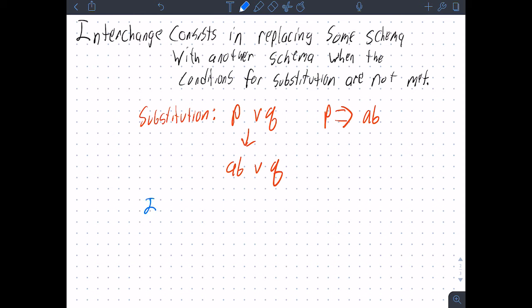So let's say we have the schema P or Q. Using interchange, we could turn this into if X, then Y, if and only if Z, right? And so substitution preserves validity and inconsistency.